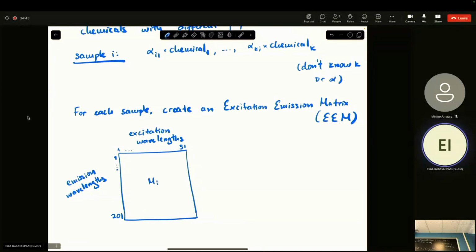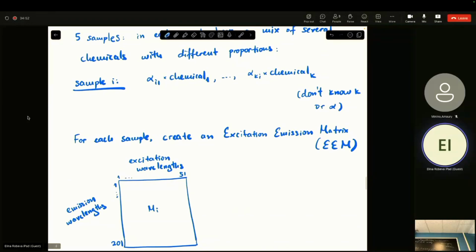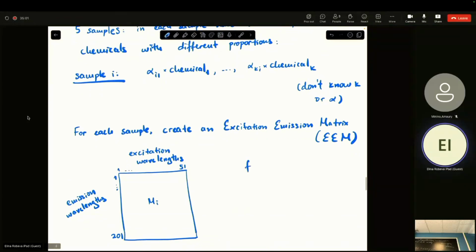So we're going to have one such matrix for each sample, and now you can see where our tensor is going to be. So we're going to stack these 5 matrices, because there's 5 samples, together into a tensor and try to learn all the unknowns from there. But what is this matrix MI? So for each excitation wavelength, you measure the fluorescence lifetime for each emission wavelength.